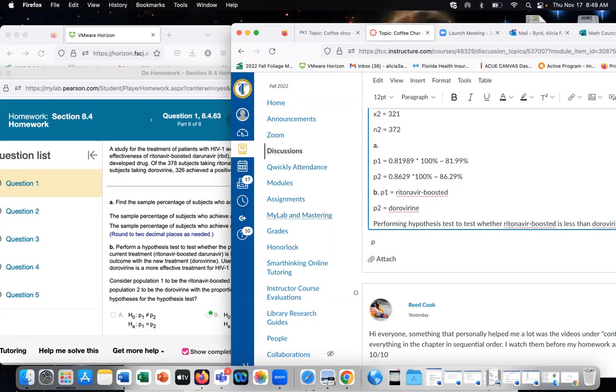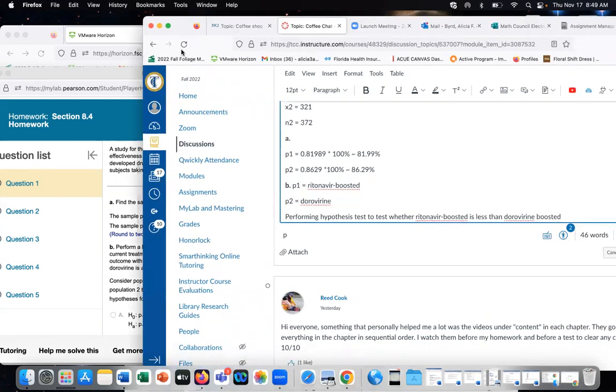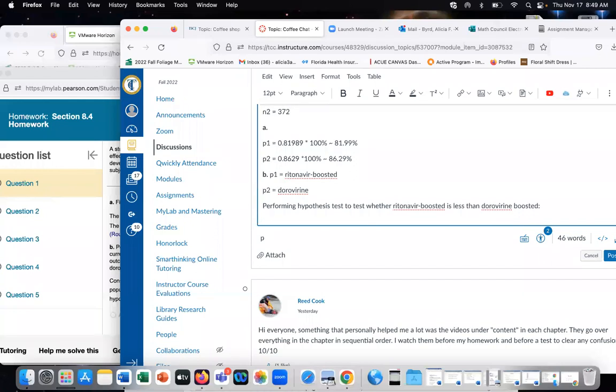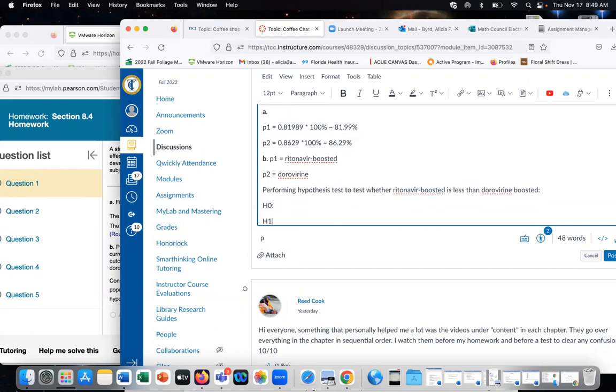Okay, boosted. So in that case, when we go to translate it, awesome, we got it. We are doing P1, and this is our alternative. I should mention that to you, in our H1. And I think you had that part too, right? P1 is less than P2. Oh, that goes equal first, Alicia. Equal, and then our P1 and P2 down here is less than our P2.